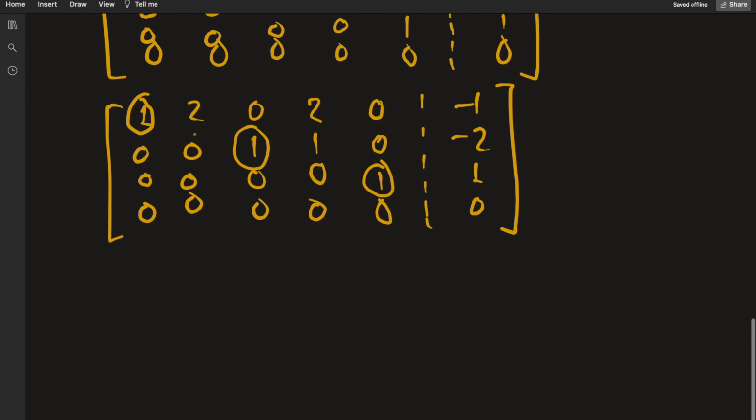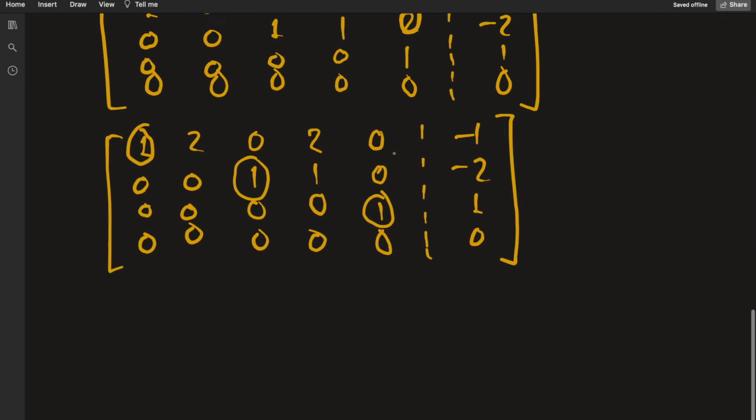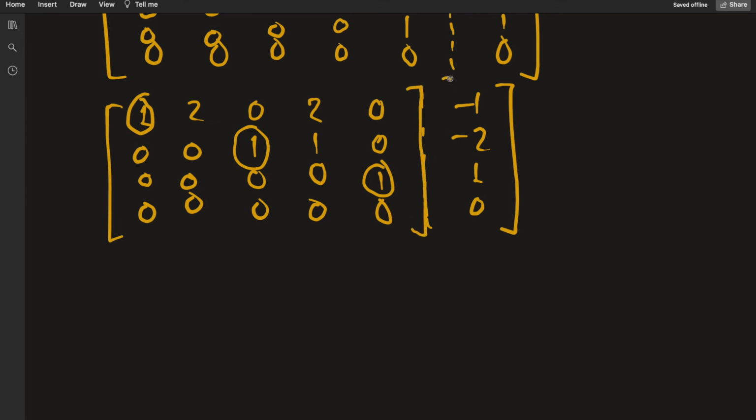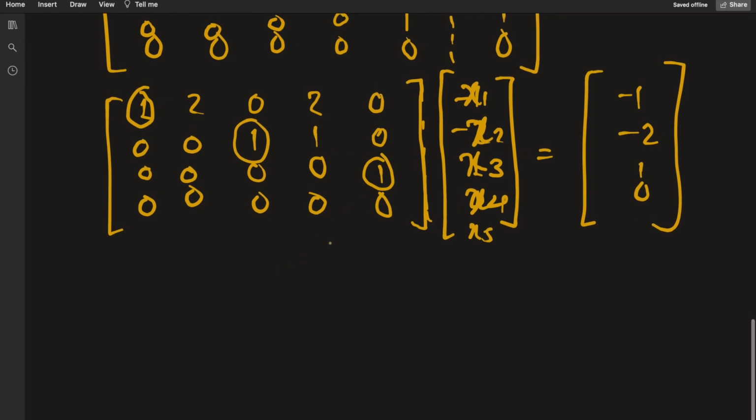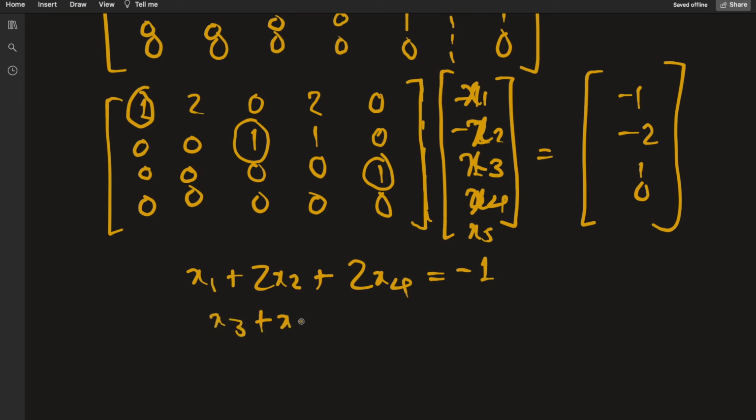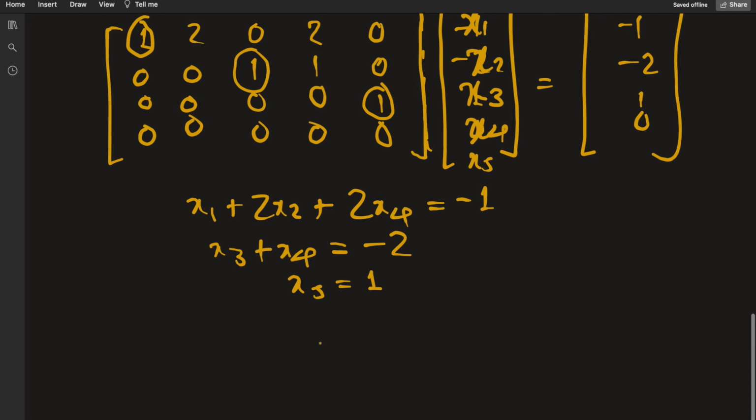Fair enough. Now let's basically write the system of equations. If we multiply this by x1, x2, x3, x4 and x5, we get, writing them as separate equations again: x1 plus 2x2 plus 2x4 is equal to -1, x3 plus x4 is equal to -2, x5 is 1, and luckily 0 is equal to 0.